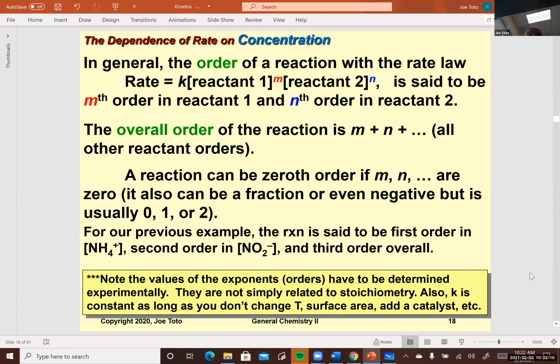You just have to change the concentrations of the reactants in the rate law. So then you just get 2 equations and 2 unknowns and solve for K.